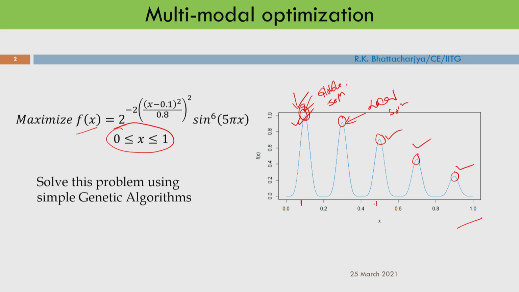Suppose I choose the initial solution x naught somewhere here, then you will get this solution. Similarly, if you do it here you will get that one, but if you take an initial solution somewhere in between, you will get the global optimal solution. But if you are applying genetic algorithm, then you will get the global solution.